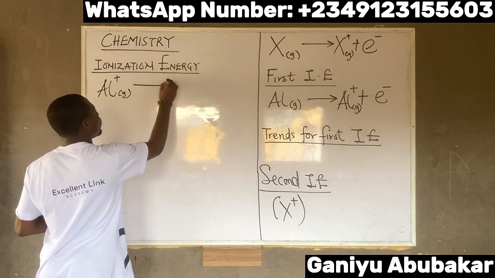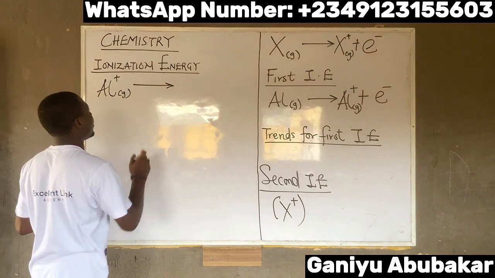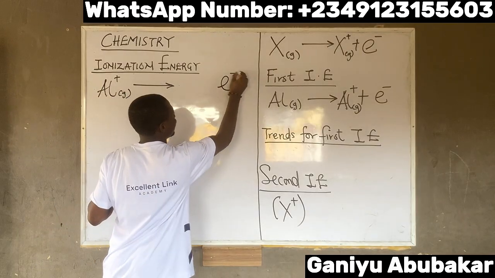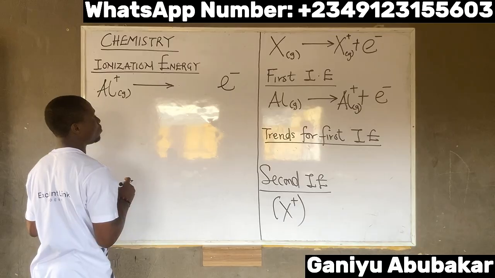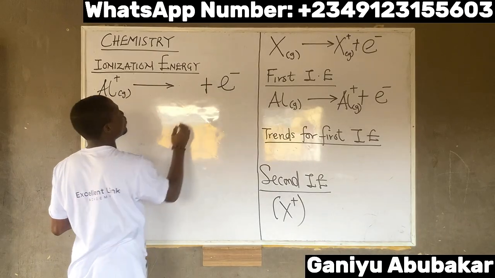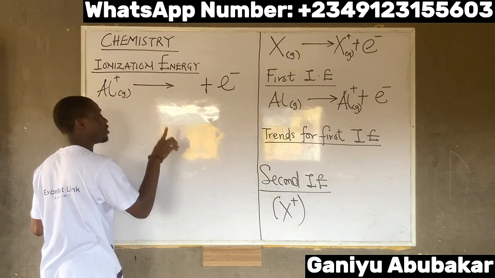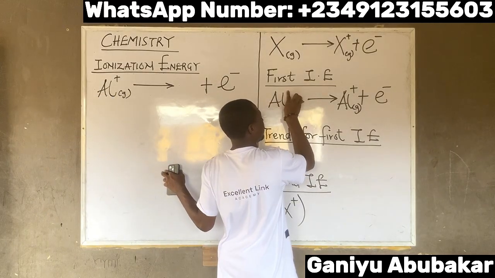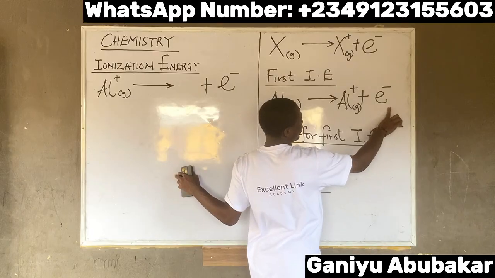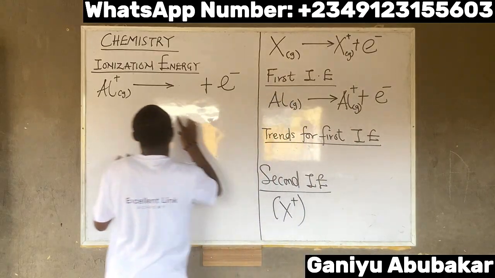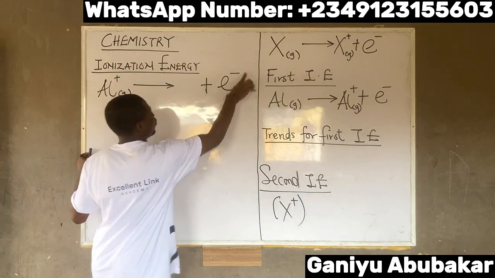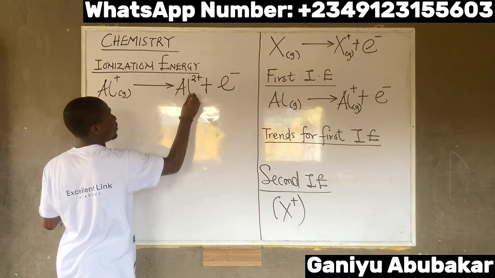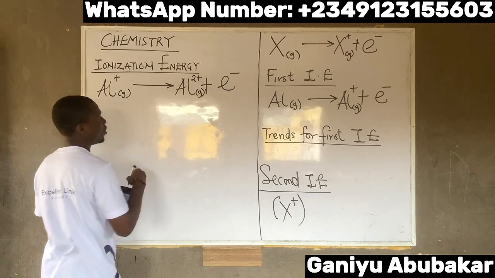This undergoes IE such that I remove one electron from this Al plus, thereby leaving me with a higher positive charge. Now listen, here's the catch. When it was neutral, I removed an electron and it gave me Al plus. Now it is Al plus, I remove an electron, and it will give me Al2 plus, of course in a gaseous state. So here's the catch.